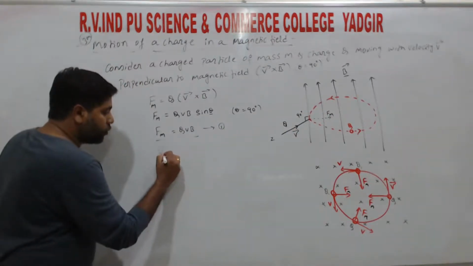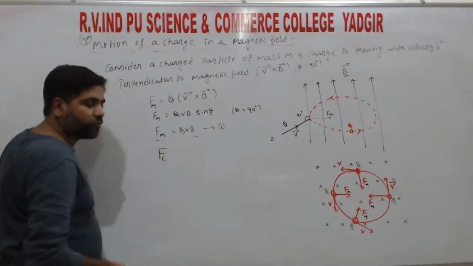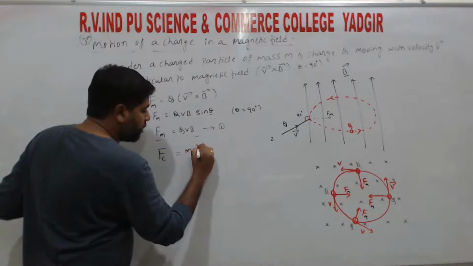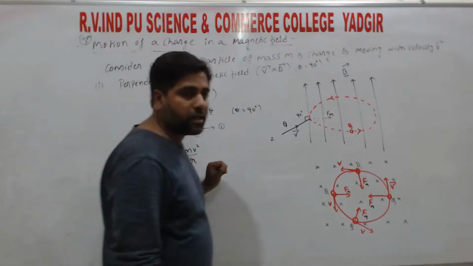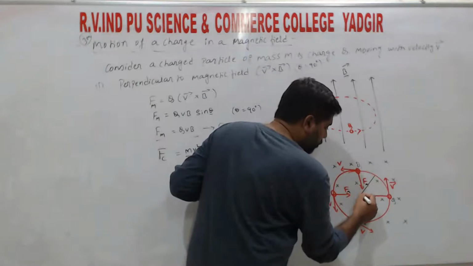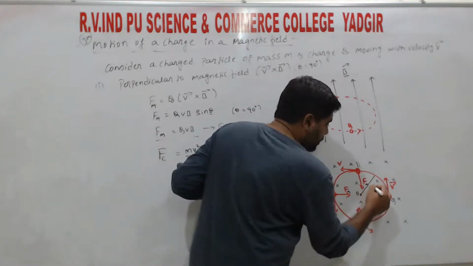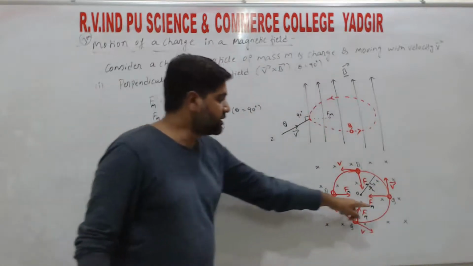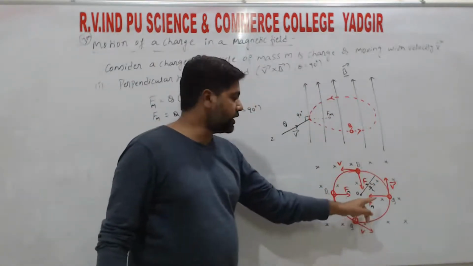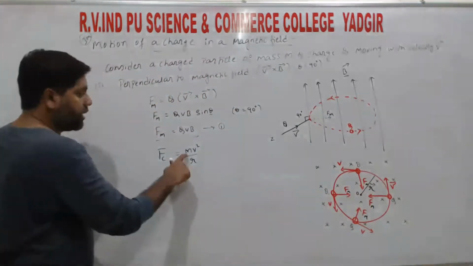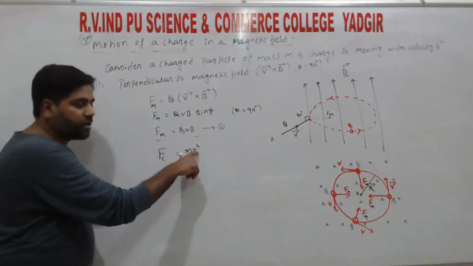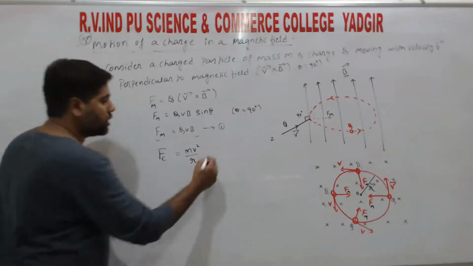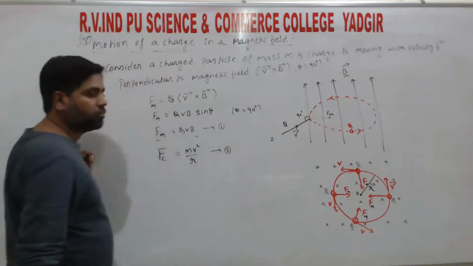The centripetal force Fc is given by m v square divided by r, where r is the radius of the circle followed by the charged particle, m is the mass of the charge and v is the velocity of the charge. Calling this equation 2, right?